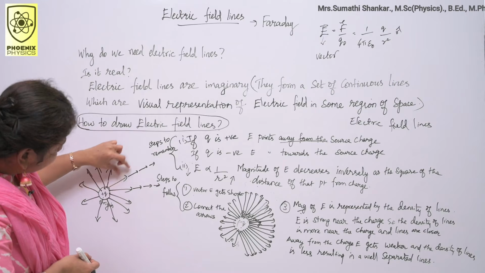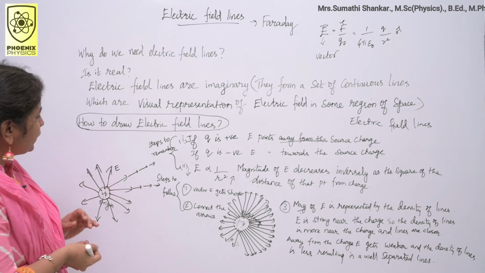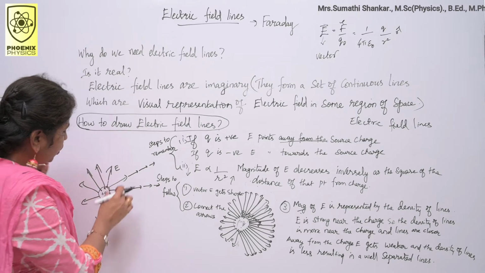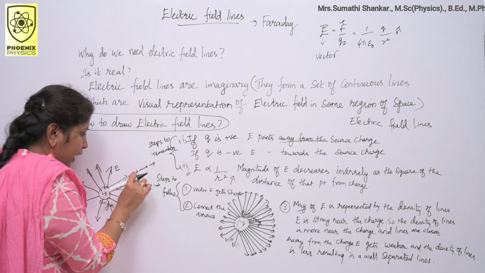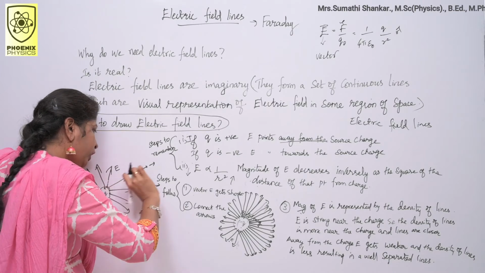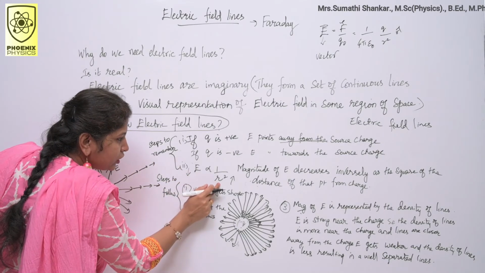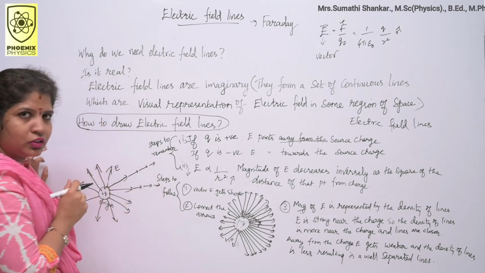See, this is one vector and this is one vector because it has an arrow and a tail end. Each vector represents electric field. So the vector gets shorter as one goes away from the origin. According to rule number 2, distance increases, E decreases. I have drawn the arrow like this.